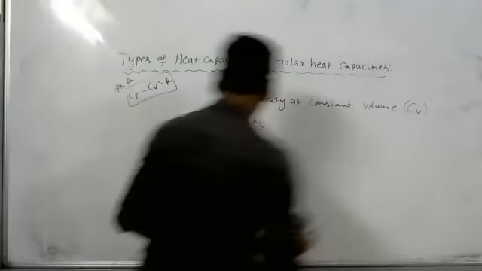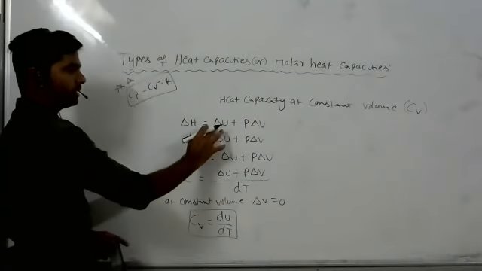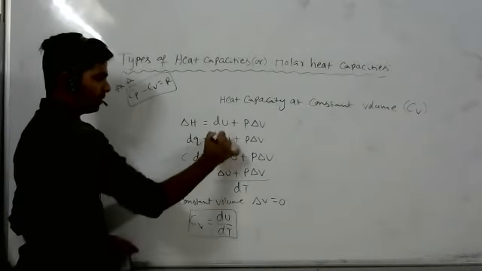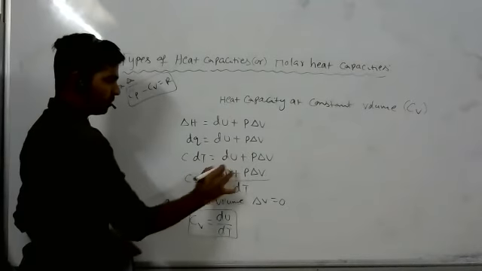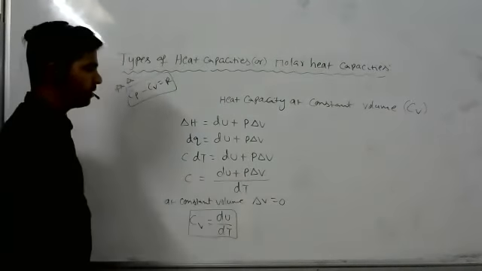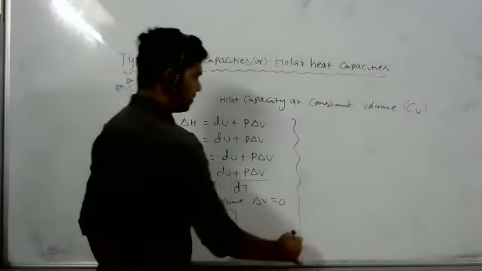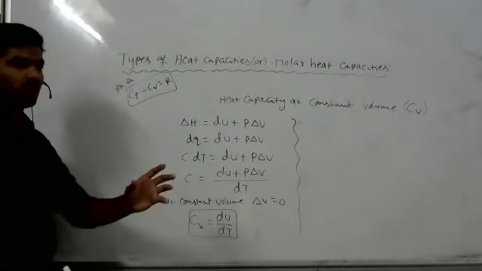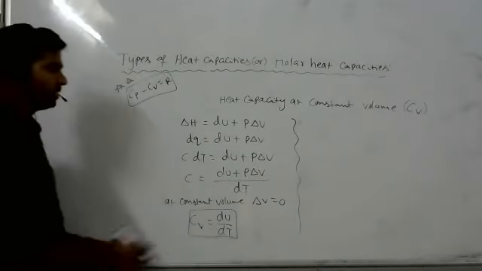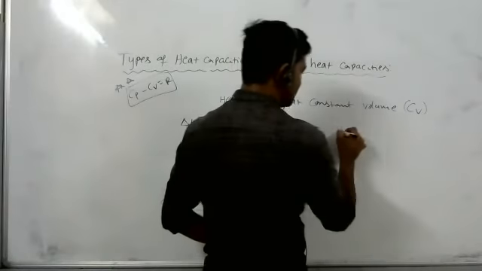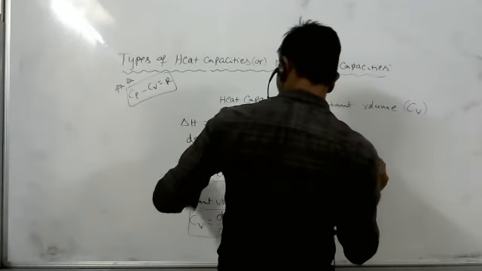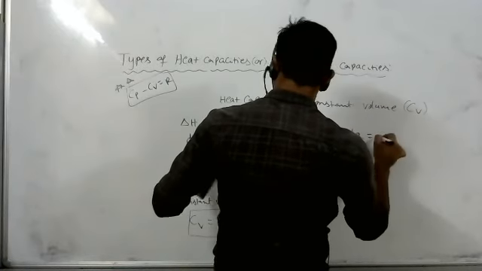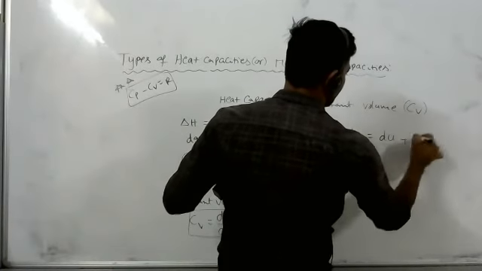From the same formula, for your convenience, I'm writing dU instead of delta U. Suppose the system absorbs heat at constant pressure. Then how do we modify this? Delta H is equal to dU, this formula: dQ is equal to dU plus P into dV.